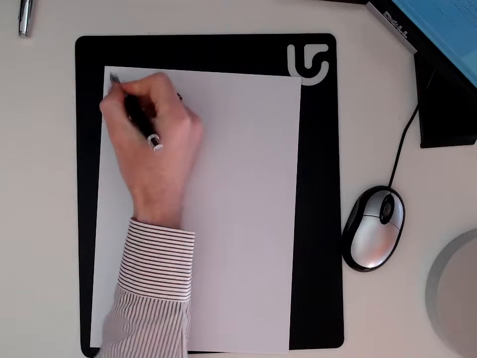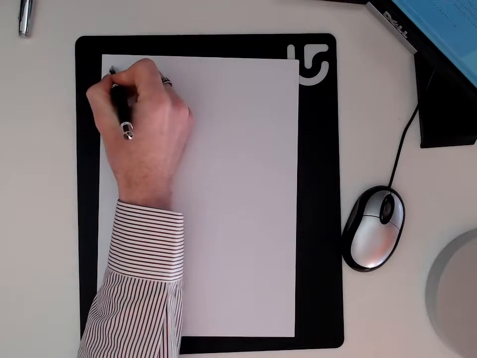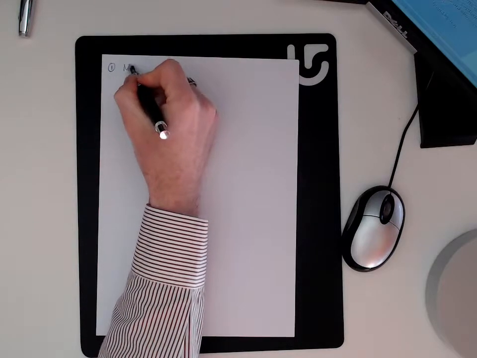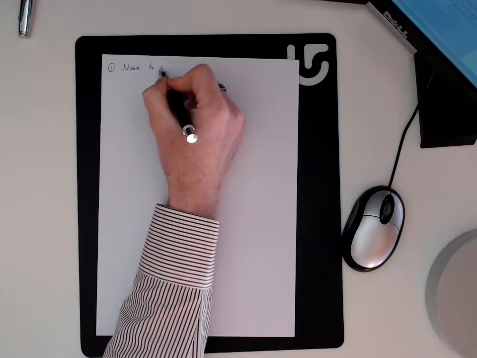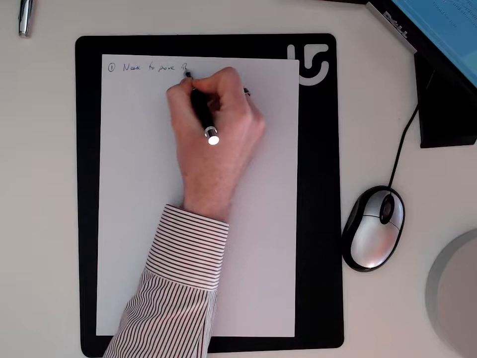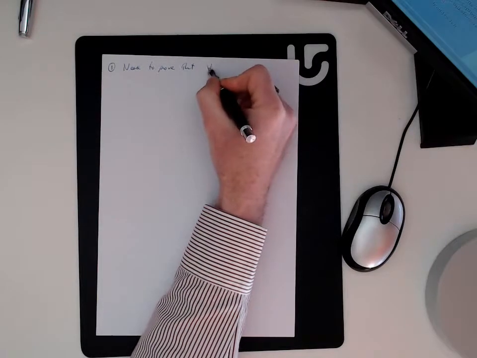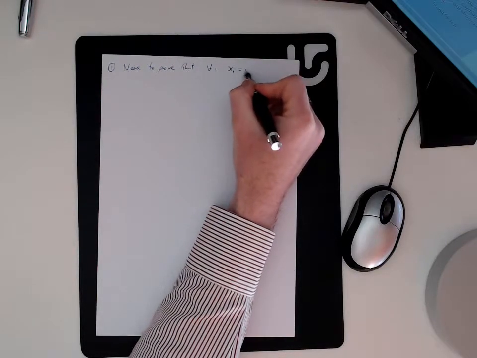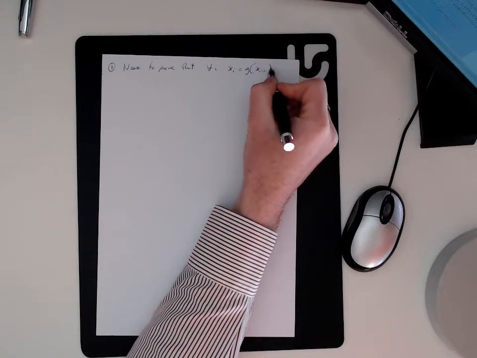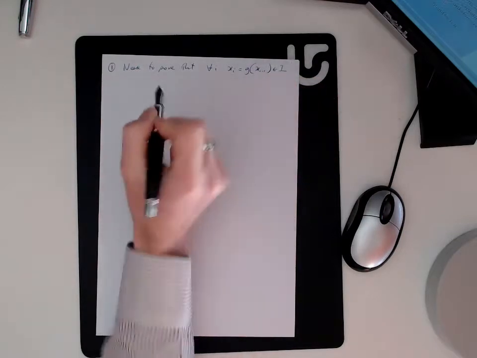Alright, let's do the proof. So first I'm going to prove 1. I need to prove that for all i, xi equals g of xi minus 1, inside the interval.